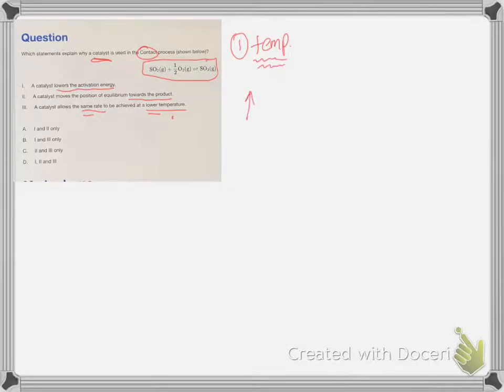If temperature increases, the particles move faster, which means more collisions per time t, or per second.